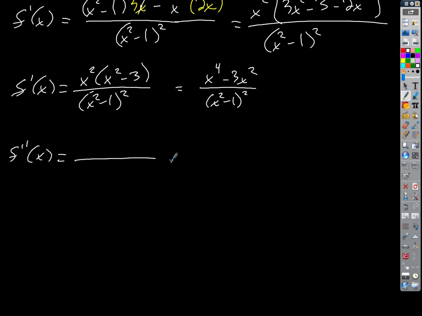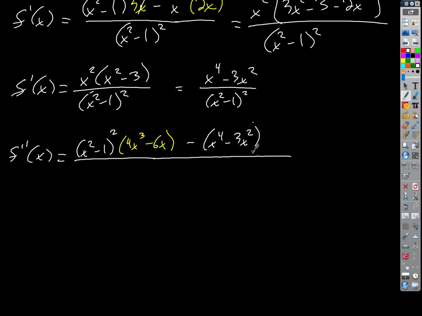What am I going to get? X squared minus 1 squared. Good, x squared minus 1 squared times 4x to the third. Okay, everybody good? Okay, minus, x to the fourth minus 3x squared times 2 times x squared minus 1 times 2 times what?